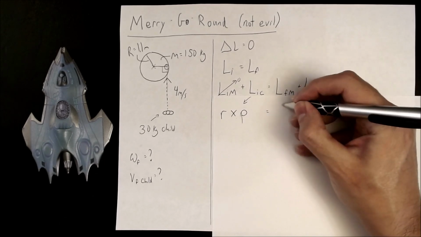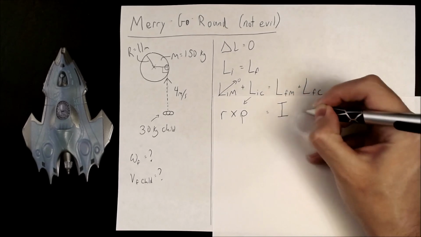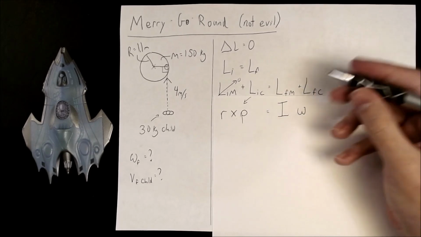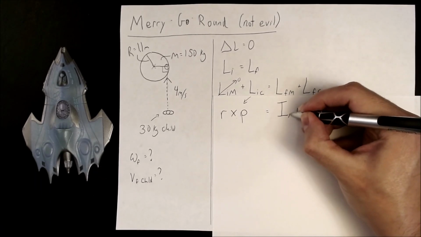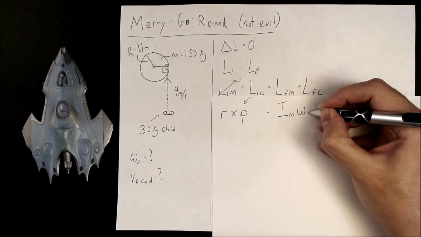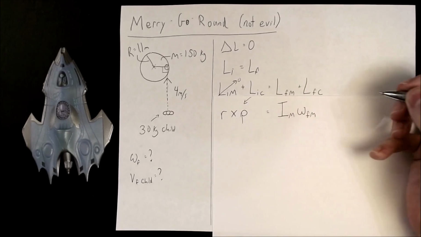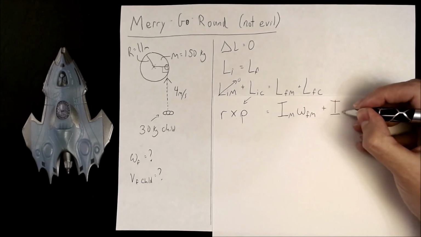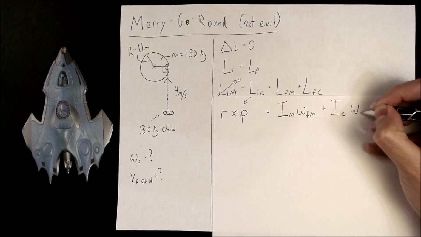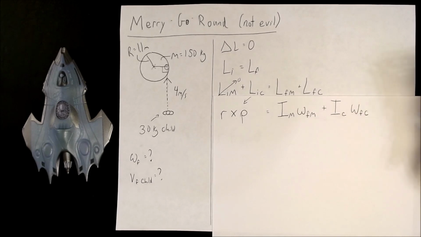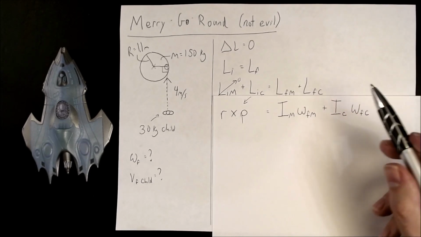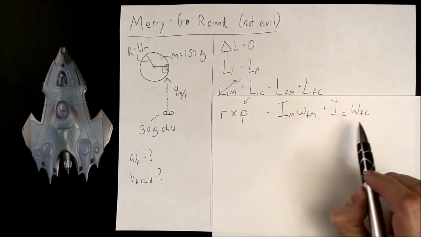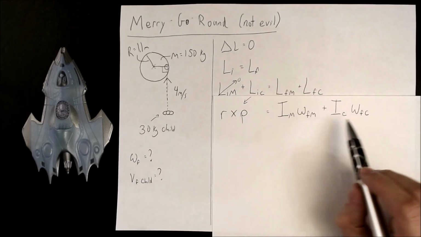I think we can use I omega, specifically I of the merry-go-round times omega final merry-go-round, plus I child omega final child. What can we say about the final angular velocities?